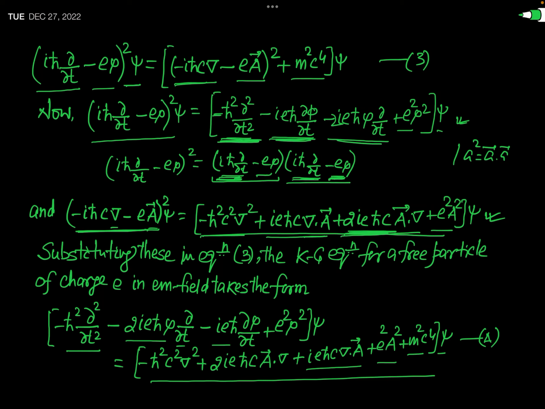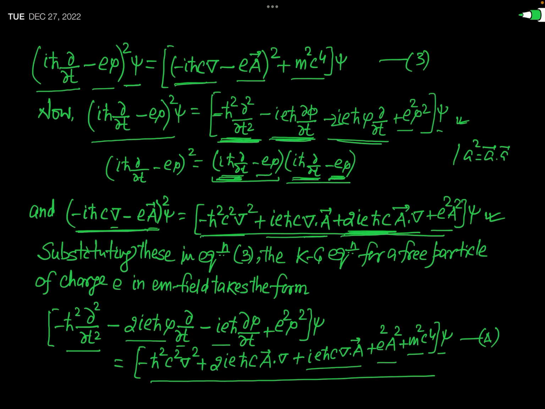Since there is no spin operator, you can guess that the particle of charge e in the electromagnetic field will have no spin property, or you can say that the electric and magnetic moment associated with the spin of the particle will not be present here.